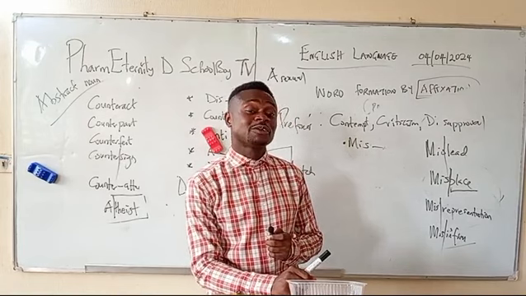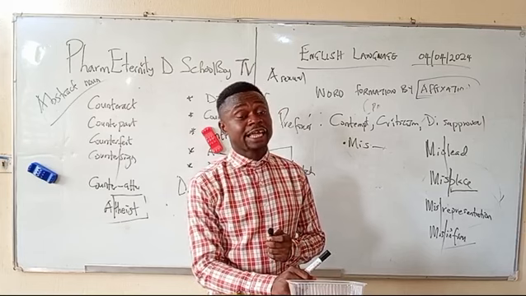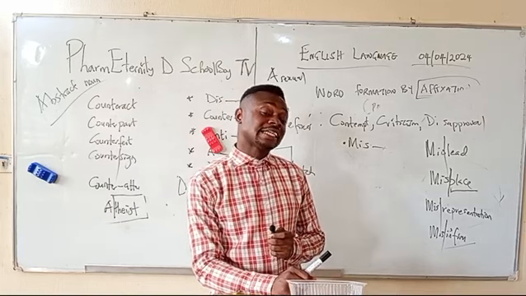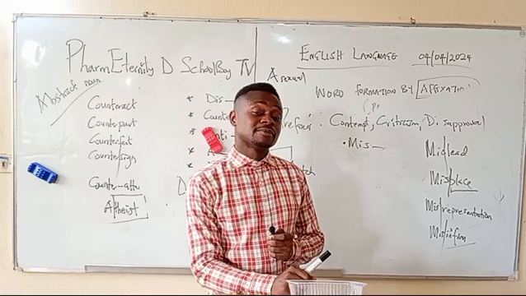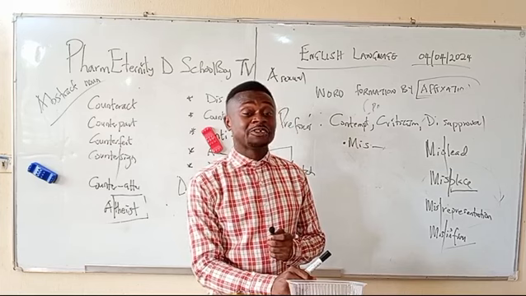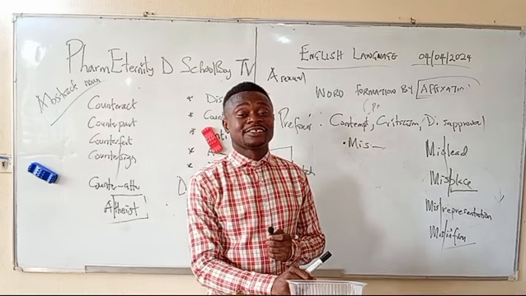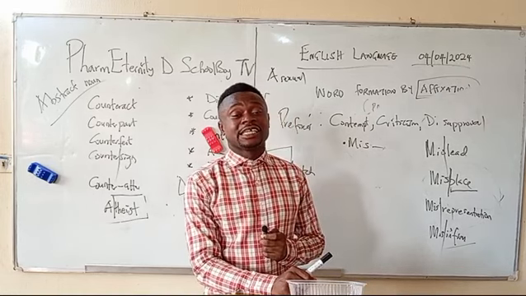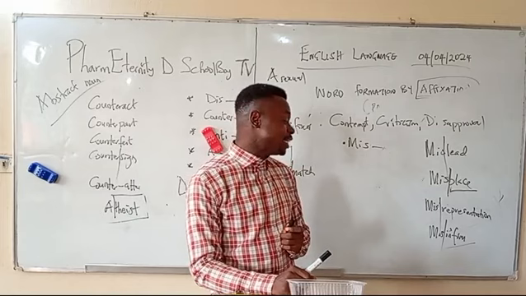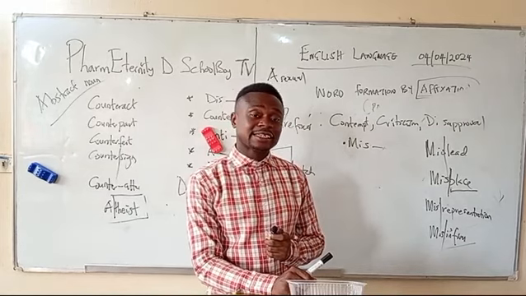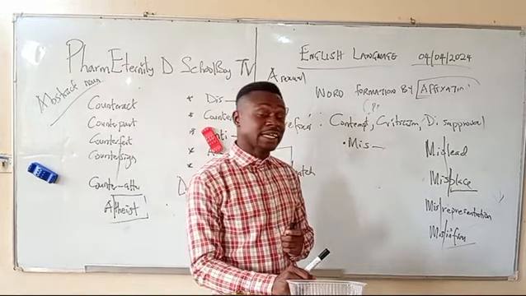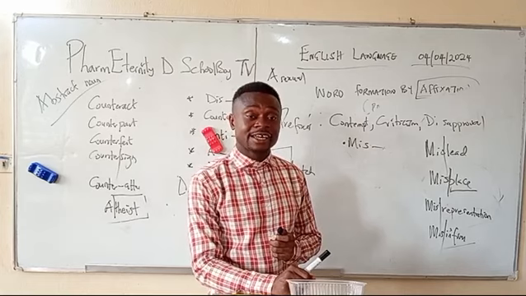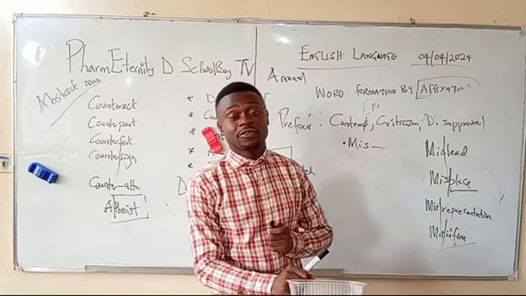Some of them may not even come to class by 8 a.m. Some may even leave their hostel targeting to come by 9 a.m. And at the end, they may not even be allowed to enter the class unless they stand on their right and tell the lecturer that they were misinformed.